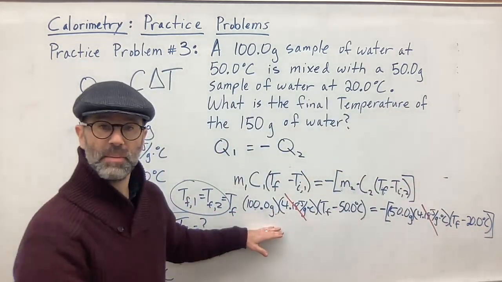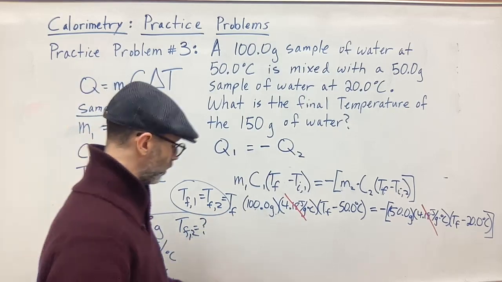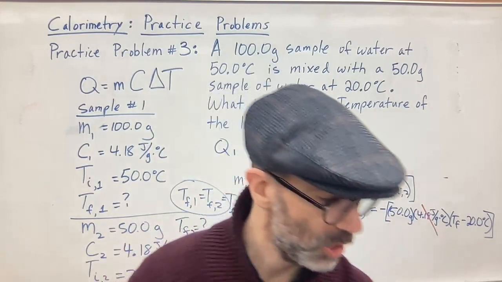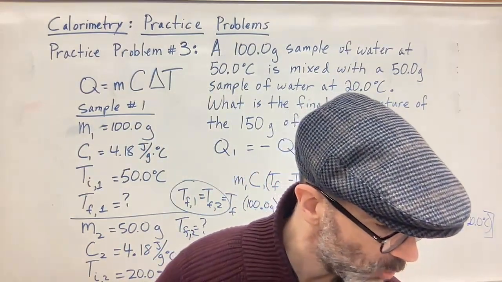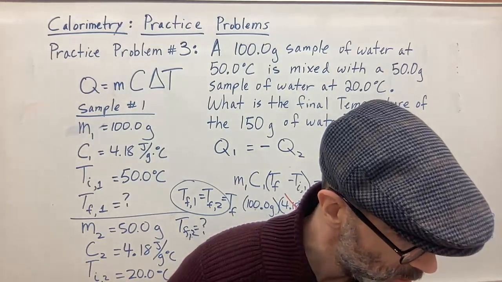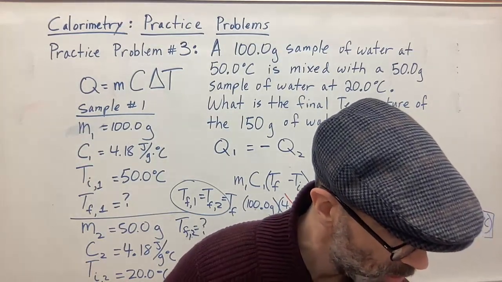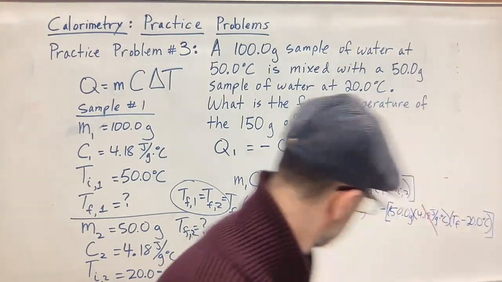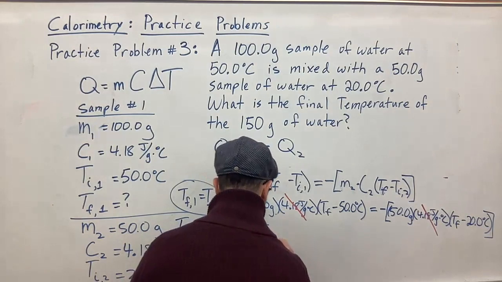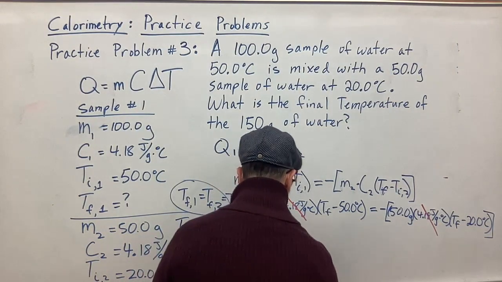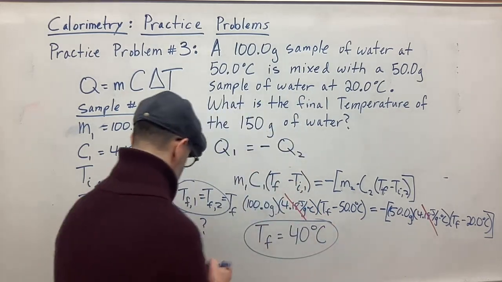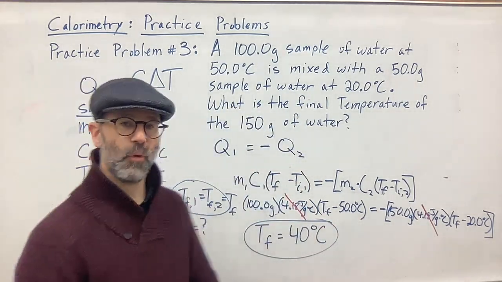And then you just do the algebra, and what you should get for an answer is TF equal to 40 degrees Celsius. So that's what you should get for your answer.